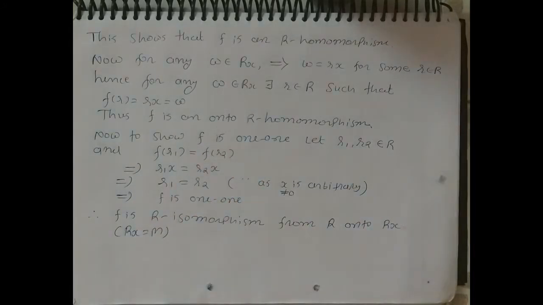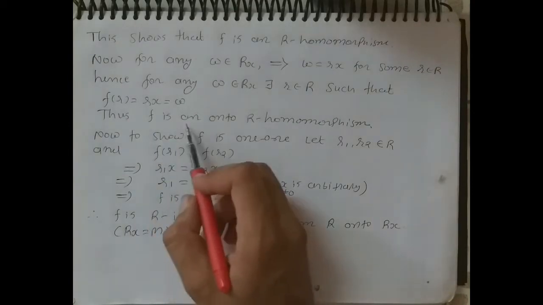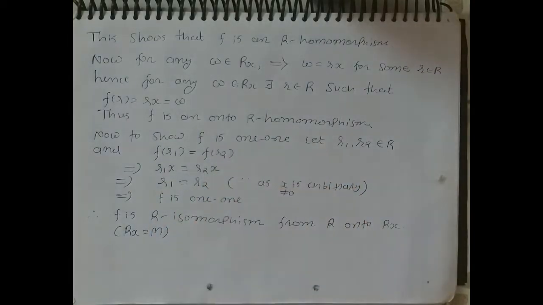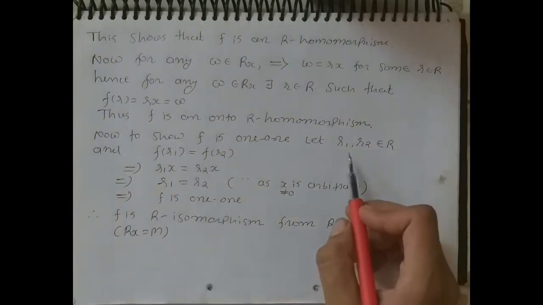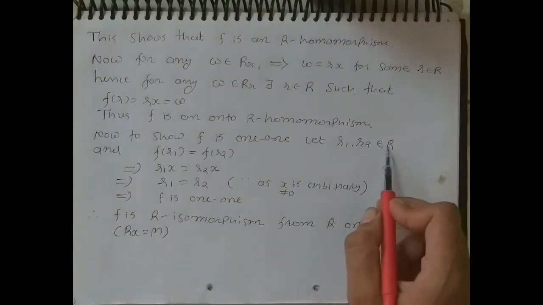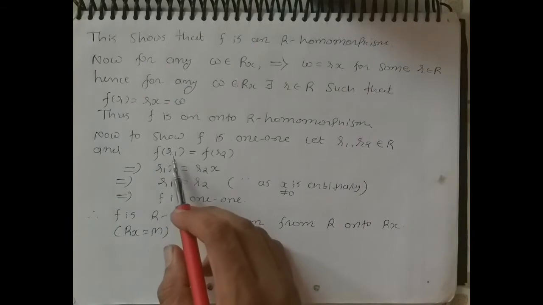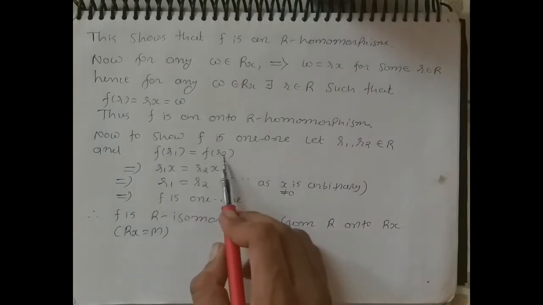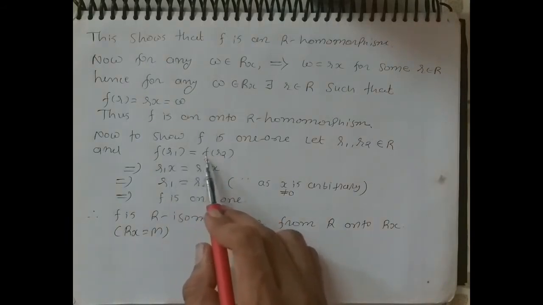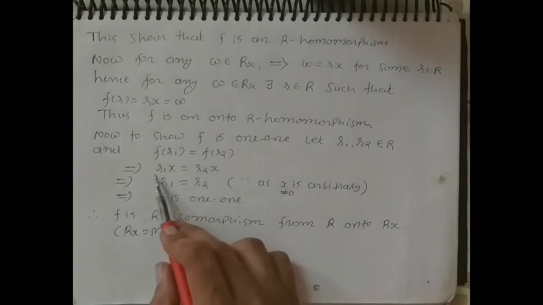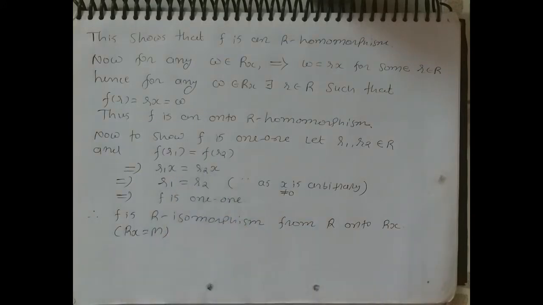So what we have seen is that f is an R-homomorphism, and f is onto. Now we show that f is one-one. So let us consider two elements r1 and r2 belongs to R, and their images are the same, that is f of r1 is equal to f of r2. This implies that r1x is equal to r2x.